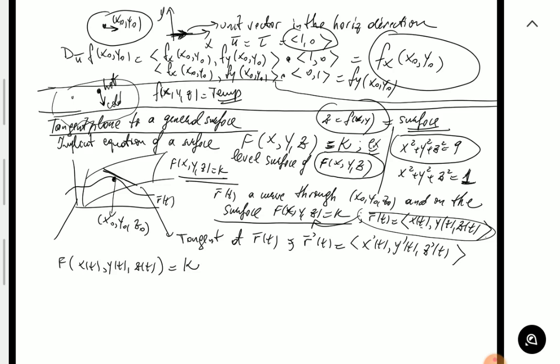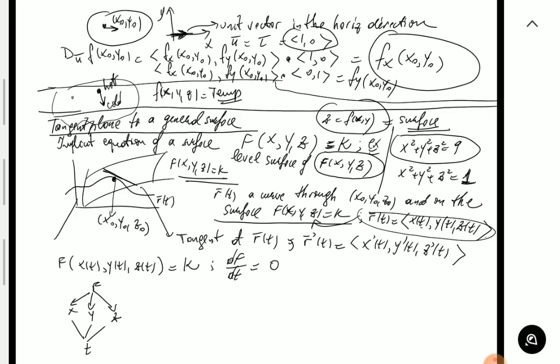And I want you to see this again as a composition of two functions: a function of three variables, which in turn are functions of t. Because I want to differentiate this quantity with respect to t. On the left side, I'm going to have df dt. On the right hand side is 0, because the derivative of a constant with respect to anything should be 0.